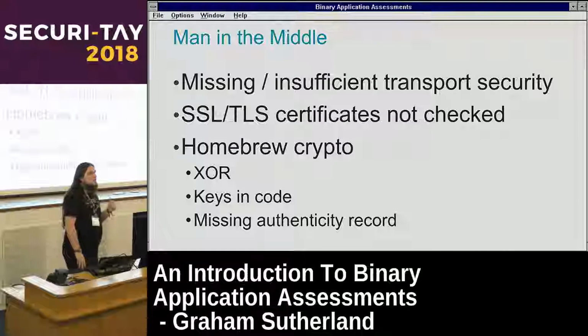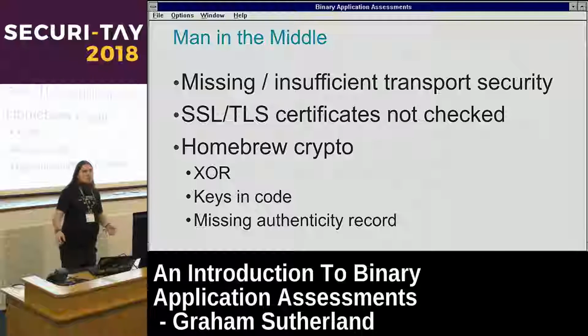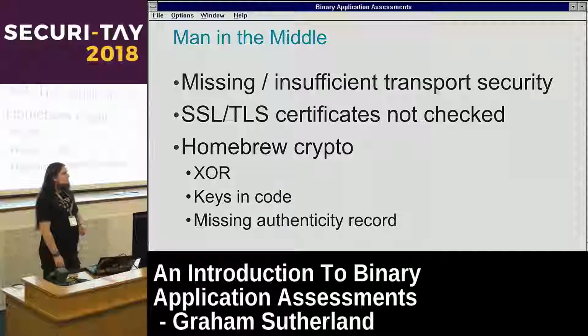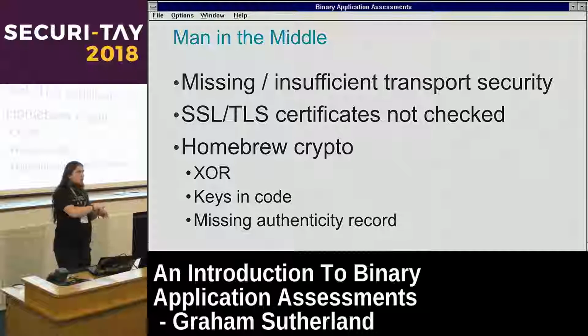Missing authenticity records as well. A lot of the time in homebrew crypto that people set up for a particular protocol, they'll use AES, or they'll use RC4, or something like that. But they won't actually authenticate the traffic, they just encrypt it. Unfortunately, due to things like malleability attacks, if you know what some of the plaintext is, you can flip the bits of the plaintext, so it makes it send other things over.